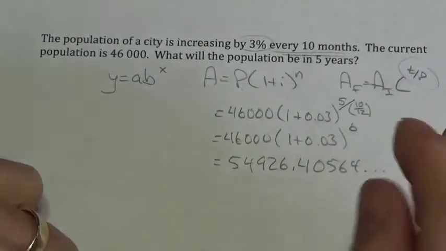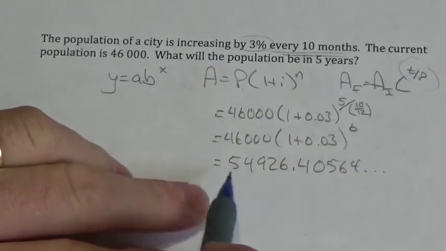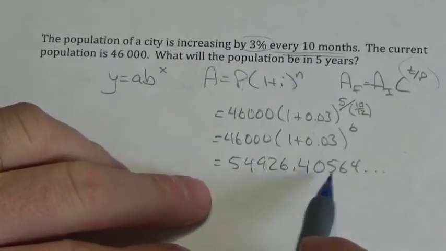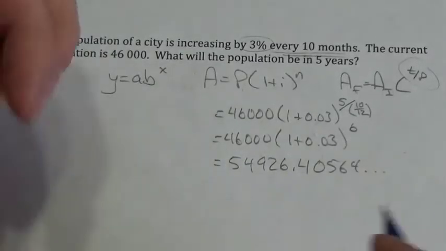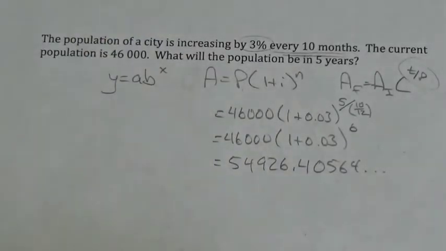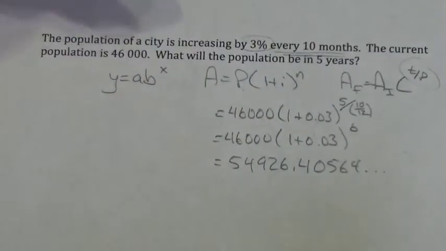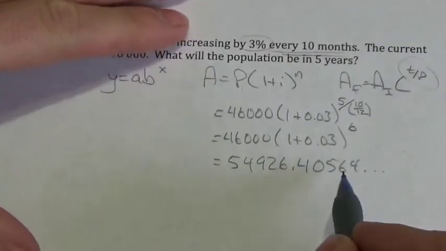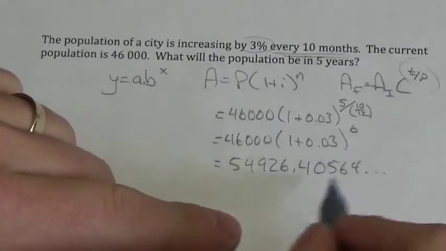Now I had a teacher come in and work with me and explain to me that when you get it to this point right here, 54,926, with that decimal, there are good statistical reasons why you might round that up or you might round that down. So you could go one way or the other. And so this is one of those times where I would look to my class and say, okay, what do we make of this little bit right here? And there's always somebody that says, oh, what is that 0.4? Maybe that's a baby that hasn't been born yet.